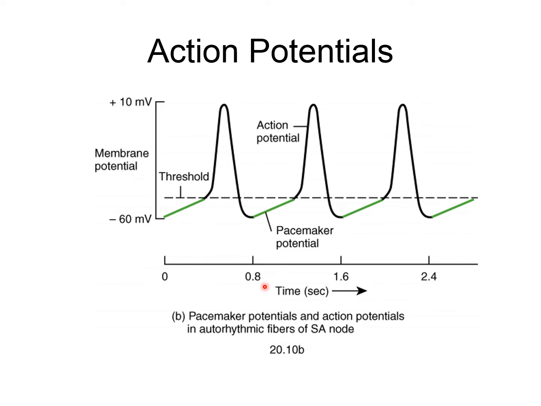So when the membrane is at resting membrane potential, in case of the SA node, there are sodium open channels present. These sodium open channels are not present in other cells, they are only present in the SA node.